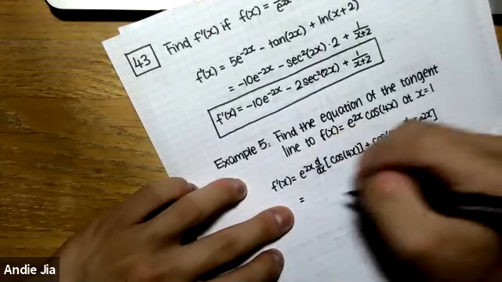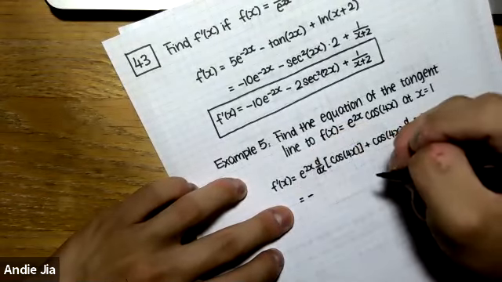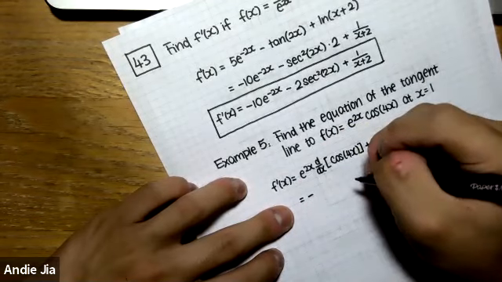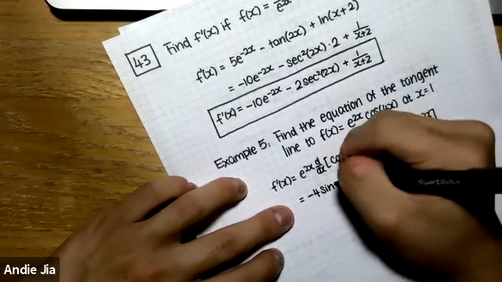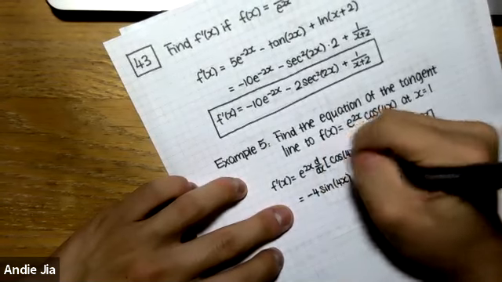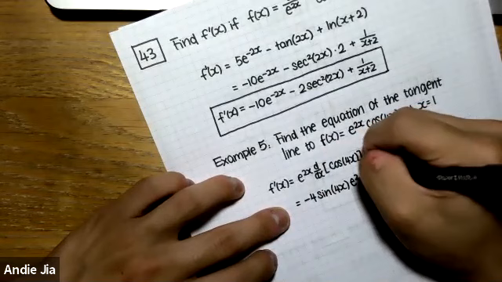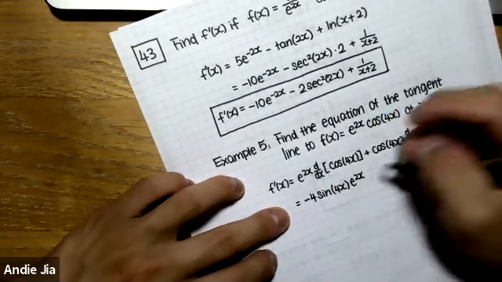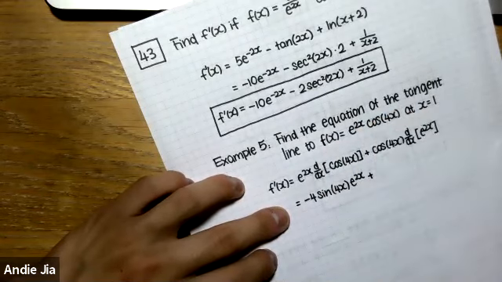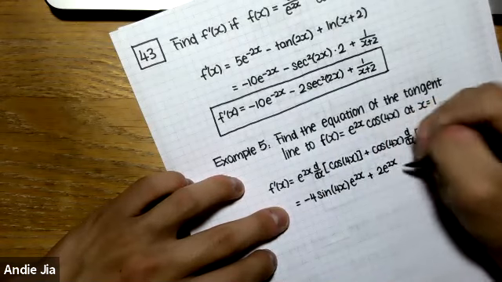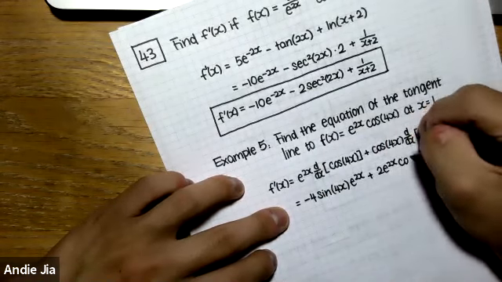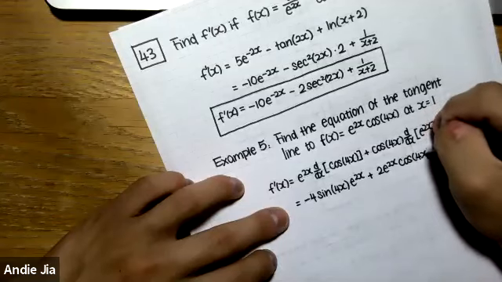We have negative 4 sine 4x e^(2x) plus 2e^(2x) cosine of 4x.